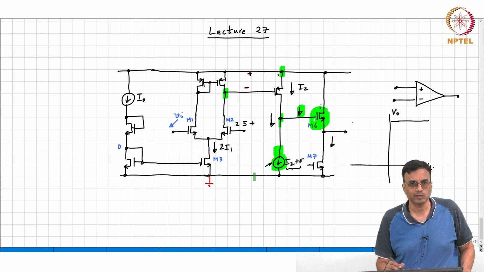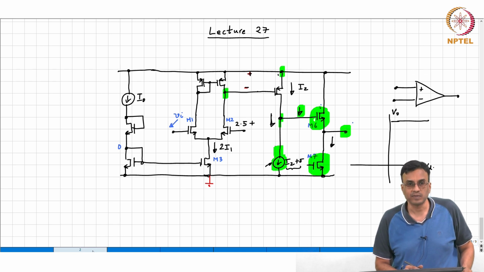If the gate of M6 is close to ground, what will happen to M6? It will go into cutoff. If this goes into cutoff, what region of operation will M7 operate in? Linear region. So what will this voltage be? What is the current flowing through M7 therefore? If M6 has gone into cutoff, what will M7 do?